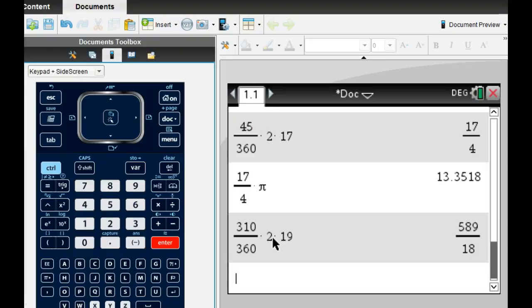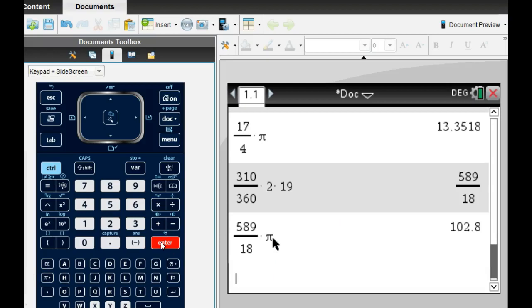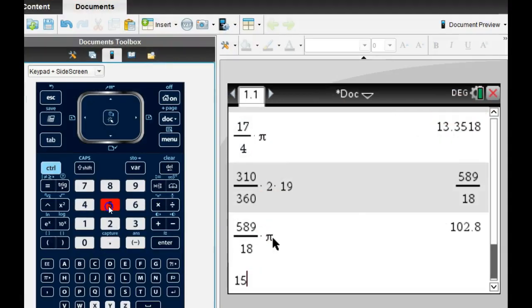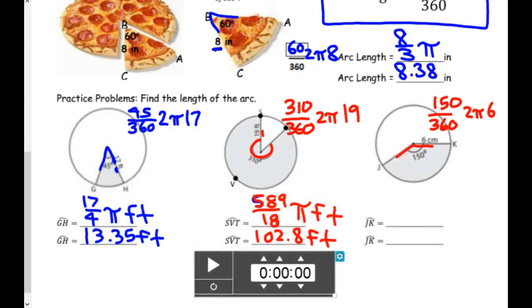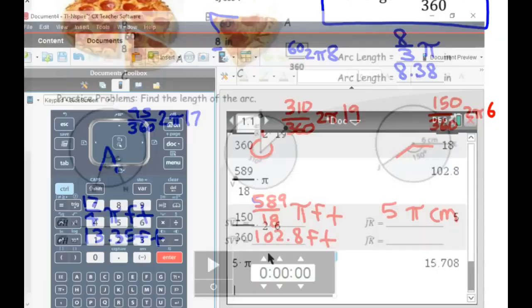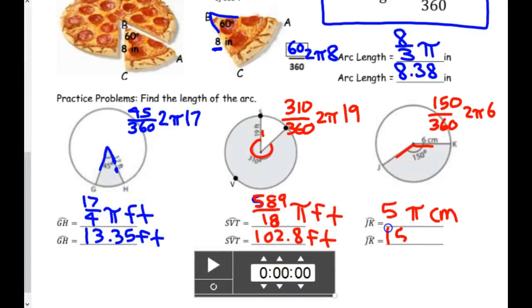So real quick, times pi, 102.8 feet. And then last but not least, just type it in the calculator again. 150 over 360, 2 and 6. 5 pi centimeters. And then multiply the pi. 15.71, right? Centimeters.